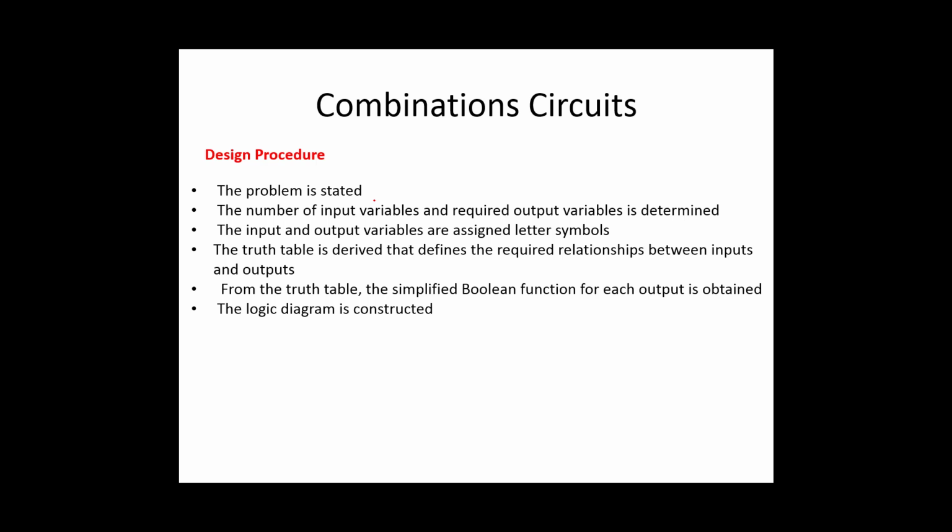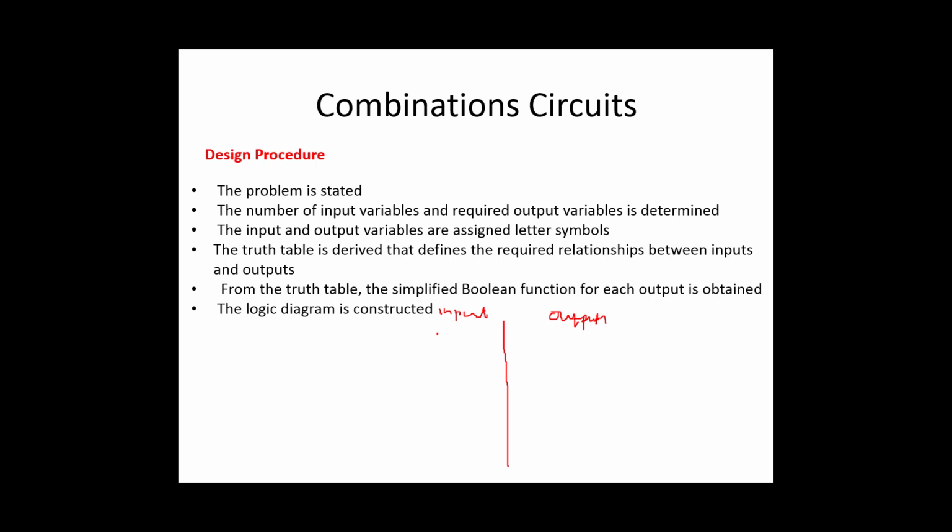After that, the input variables as well as the output variables are assigned letters from the English alphabet, and then the truth table is derived. What is the truth table? It is basically a table between inputs and outputs.